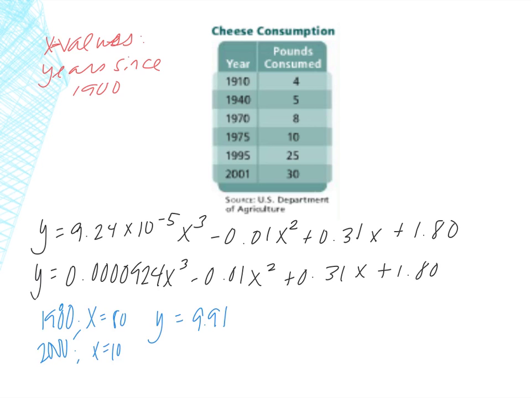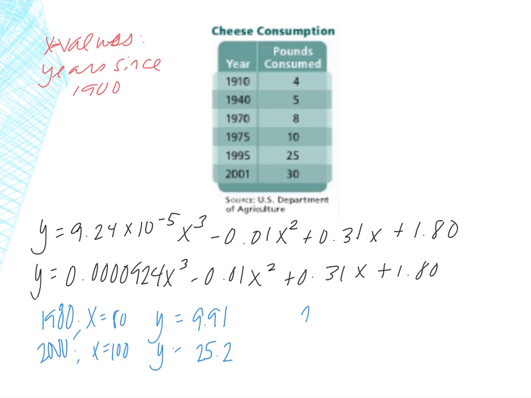In 2000, x would equal 100, so we have to do the same thing. That would give us 25.2 pounds.